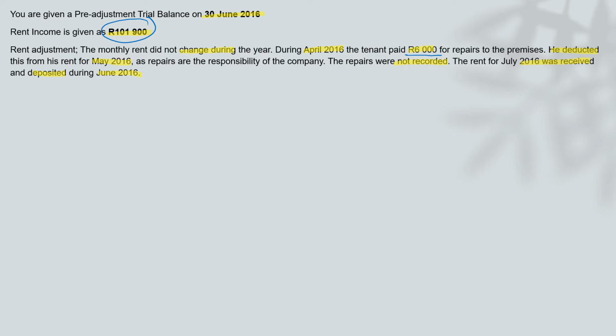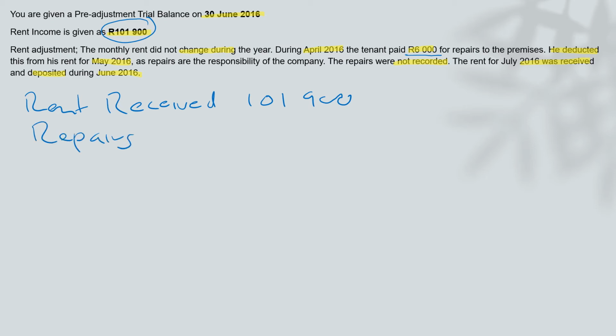So the rent received is 101,900. Then the deduction for repairs is 6,000.